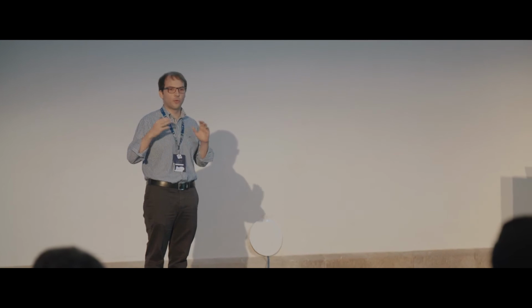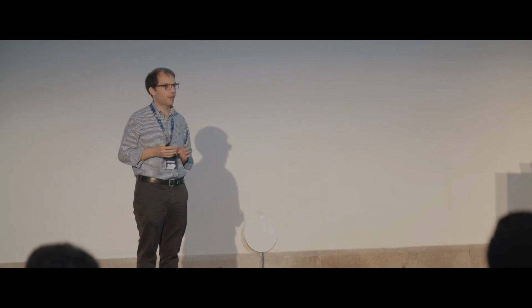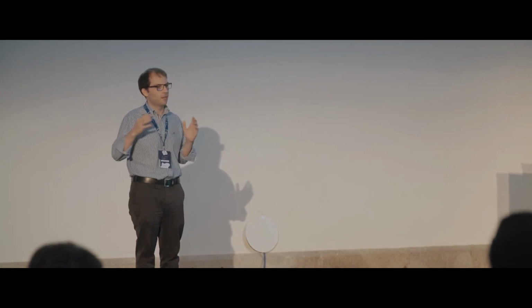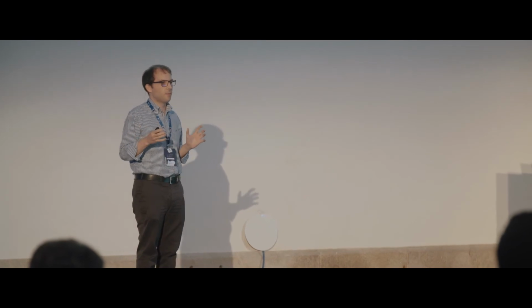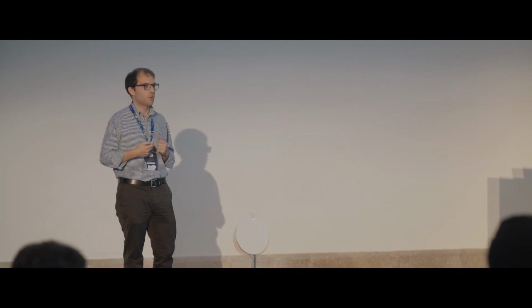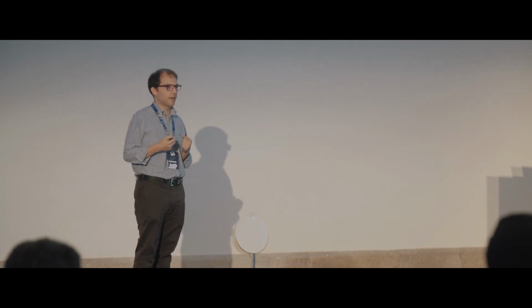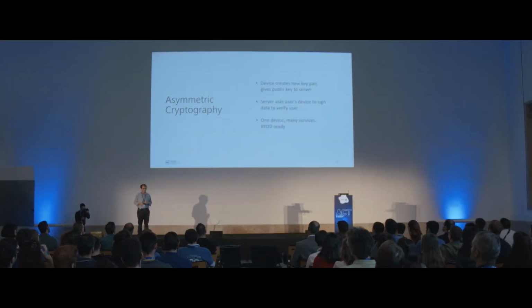It's a complex exchange, but putting it in simple terms, we basically guarantee that we have something that no one else has and that identifies us. And this brings the possibility of having many services with one device.